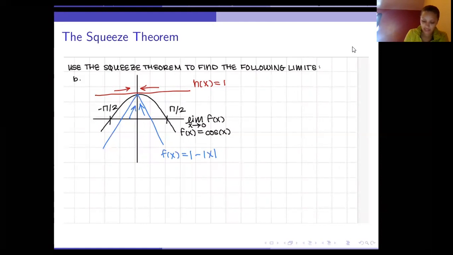And then we get that the limit of h of x as x approaches 0 is 1. The limit as x approaches 0 of the lower function is also equal to 1, because we can just plug in 0 for x, and then we just get the value 1. So the limit of cosine of x as x approaches 0 better also equal 1. And we did that using the squeeze theorem.